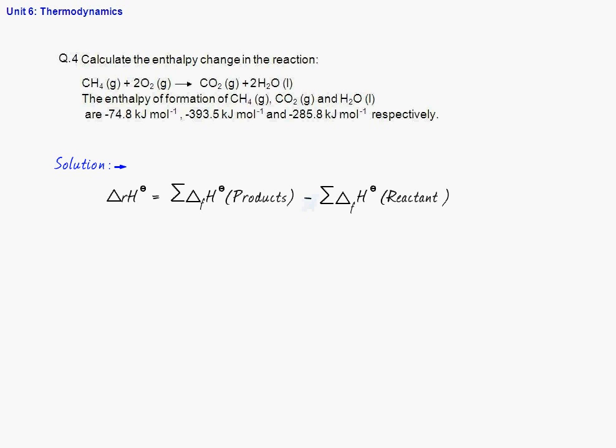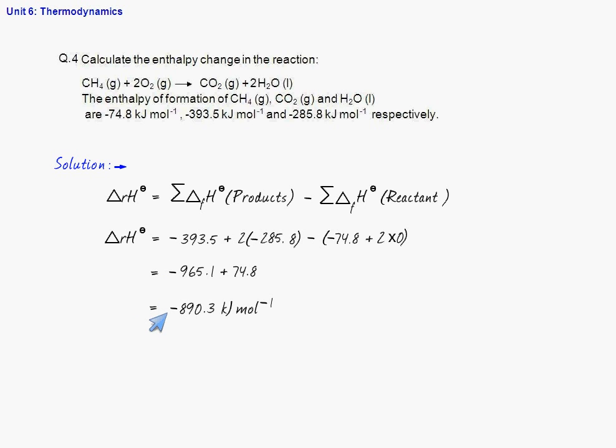So delta rH naught is equal to first CO2, that is minus 393.5, plus 2 into minus 285.8, minus 74.8 plus 2 into 0, and this is minus 965.1 plus 74.8, and this is equal to minus 890.3 kilojoule per mole.